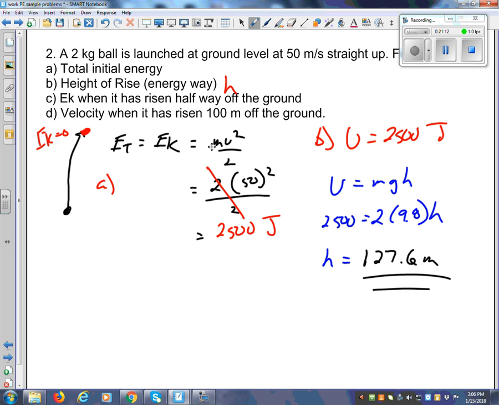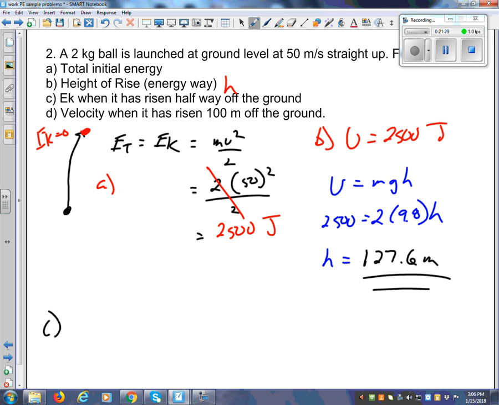I could just multiply it back. Is that not the same thing? It's the exact same thing. Use your math skills, you guys. Oh, yeah. Divide by 19.6, right?